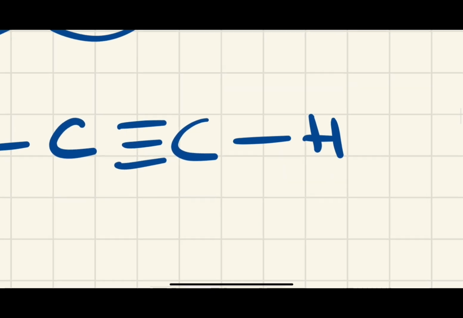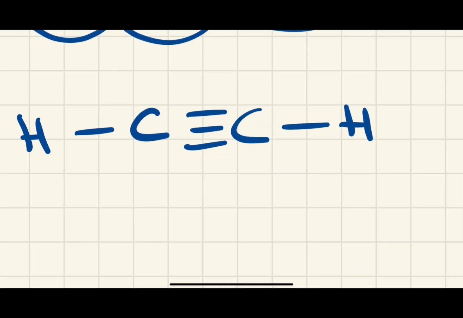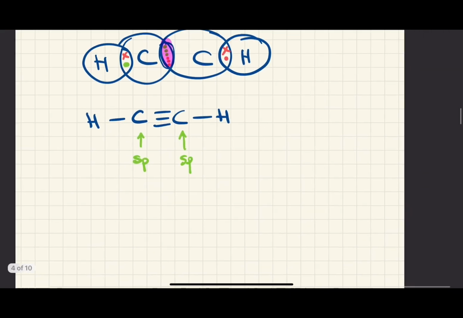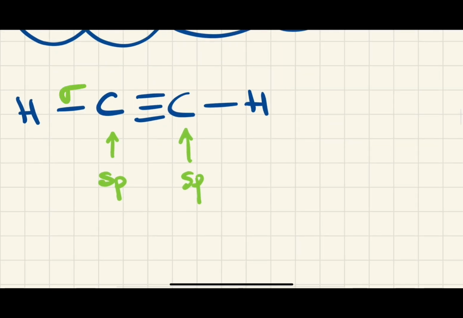Now we told you, as you see we have 2 sigma bonds on the one carbon, so the hybridization of this carbon is sp, and the same thing in here is sp for this carbon. Now we have in here sigma, sigma over here, sigma, and we have pi and pi over here.